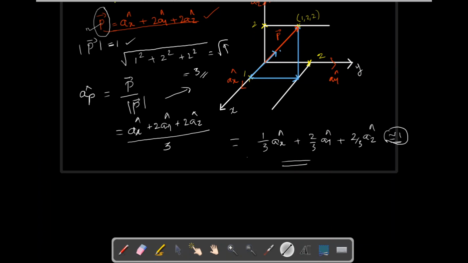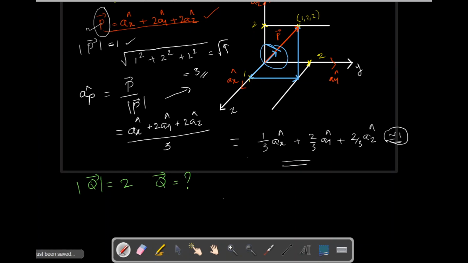I'll be using this unit vector to specify a new vector whose magnitude is 2 units. Let me call that vector Q vector, whose magnitude is 2. I know the magnitude of Q vector is 2, but I don't know what Q vector is.